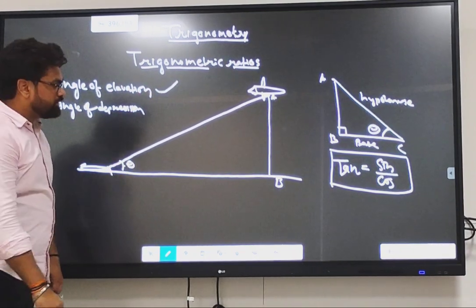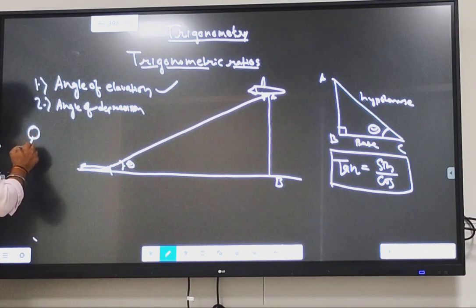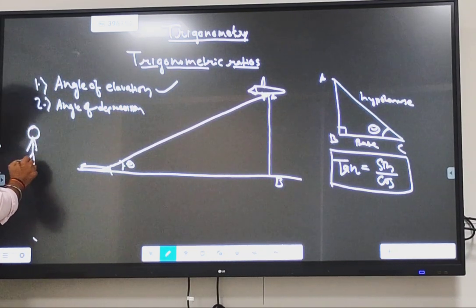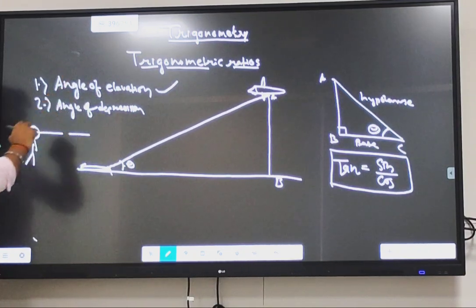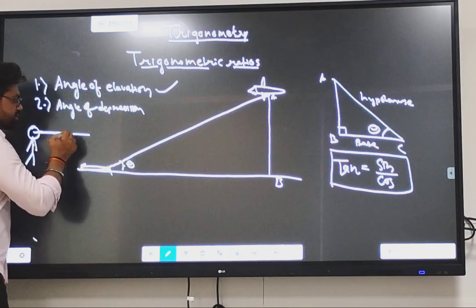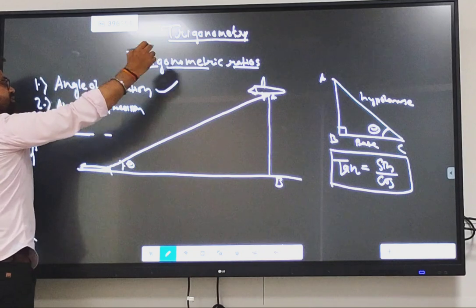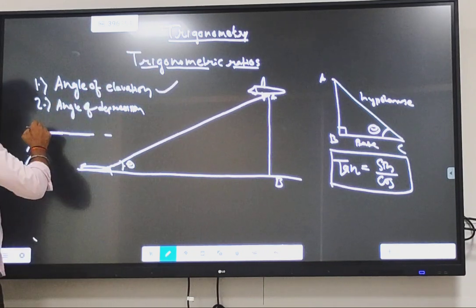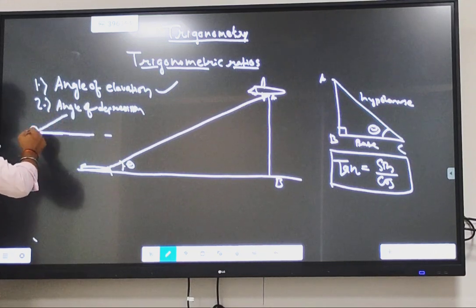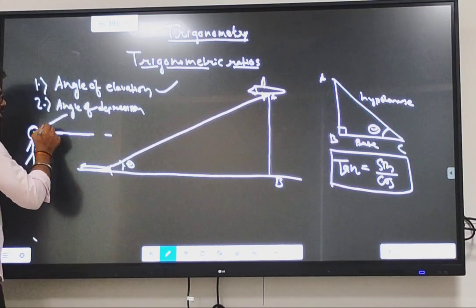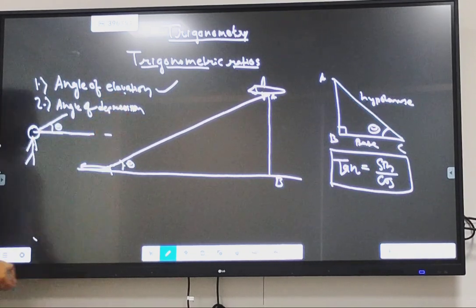So this theta is nothing but the angle of elevation. So what is the angle of elevation? Suppose there is a person who is observing anything which is just above his eyesight, above this eye line. So suppose this is the line of sight, and he is observing anything which is just above the head. The angle between the line of sight and the horizontal is the angle of elevation.